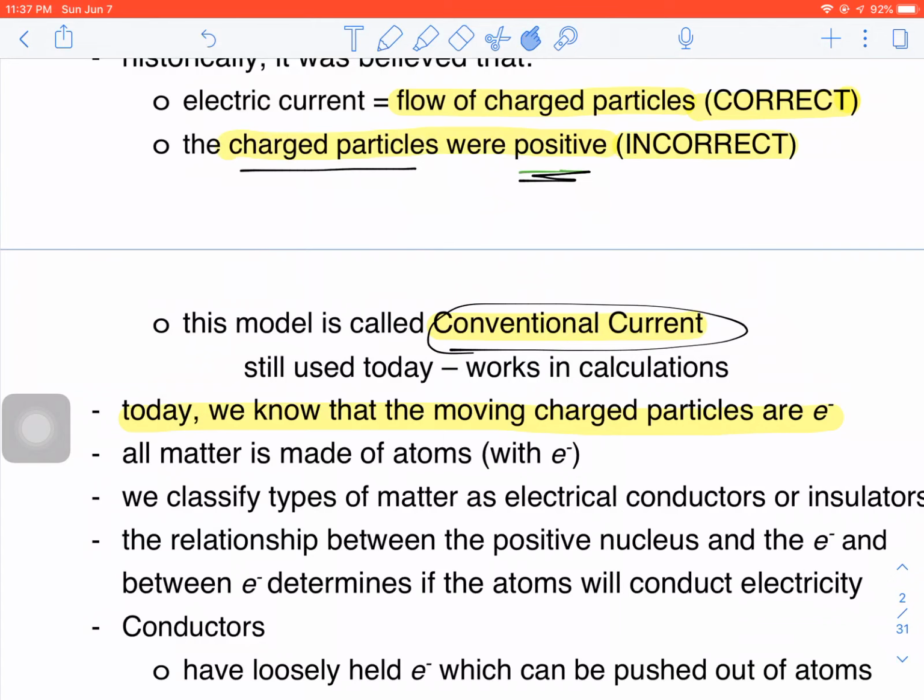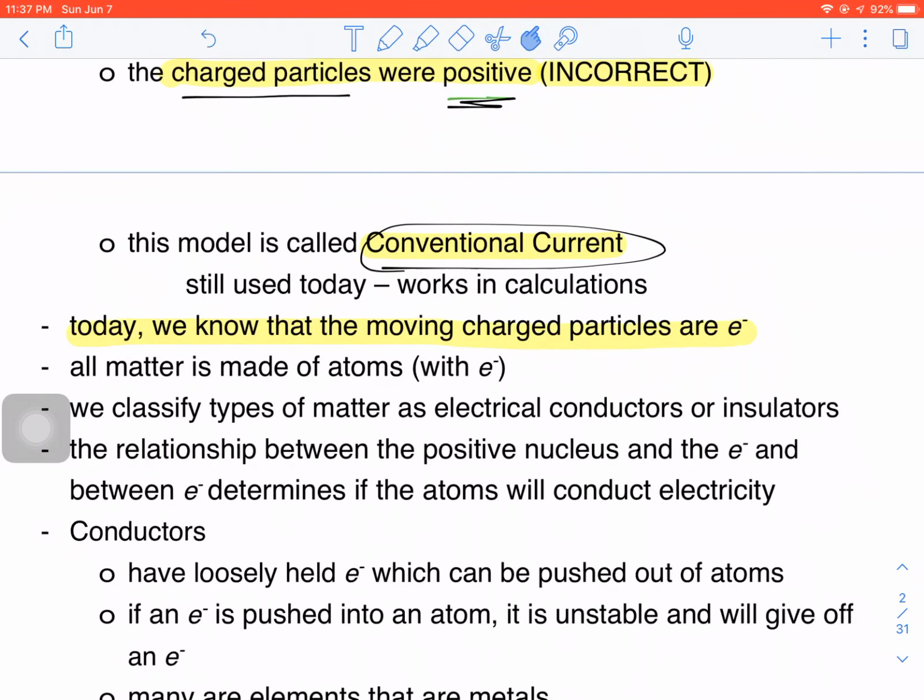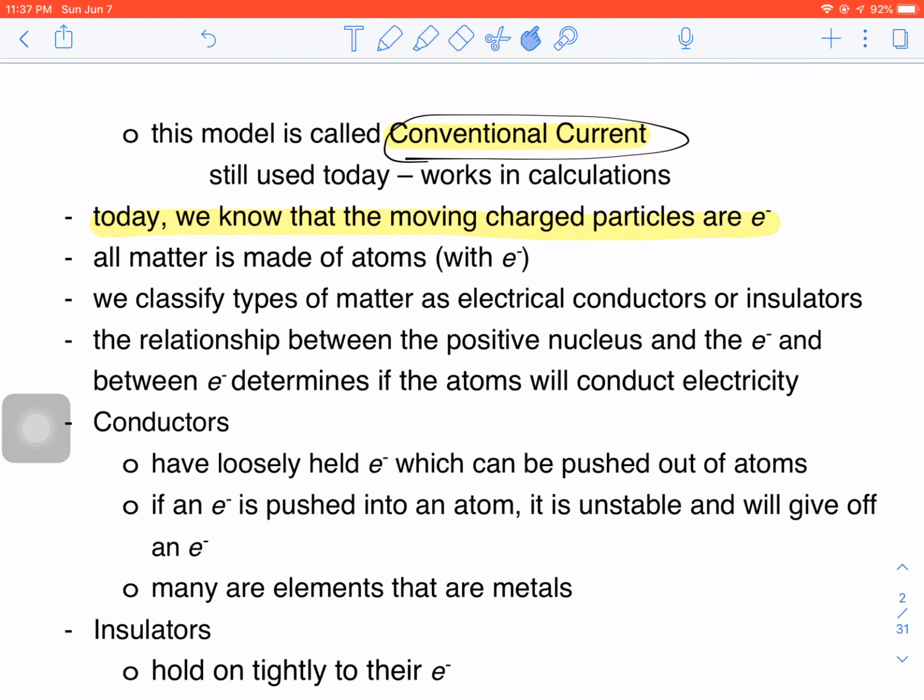Now, ultimately, we've already looked at in Chapter 15 the concepts of conductors and insulators, based upon the fact that atoms have electrons and atoms have varying degrees of attraction or hold on their electrons.